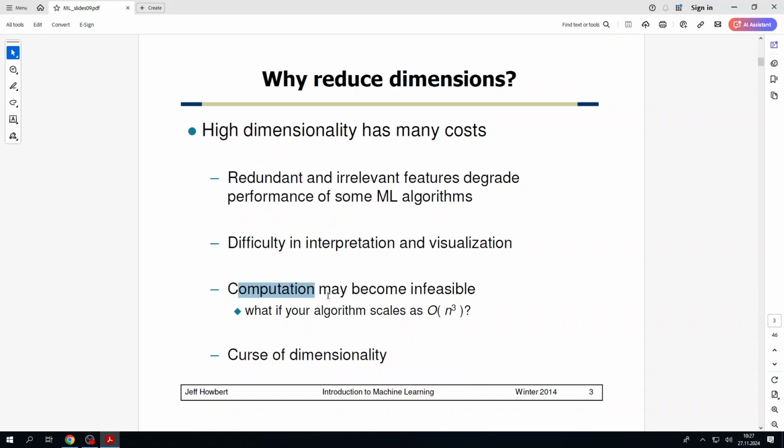Another problem is, of course, that you really have to train this. If you have a lot of data and a specific algorithm of, let's say, complexity O of n to the power of 3, meaning that the amount of memory necessary to store all of this data is the third power of your number of data points.